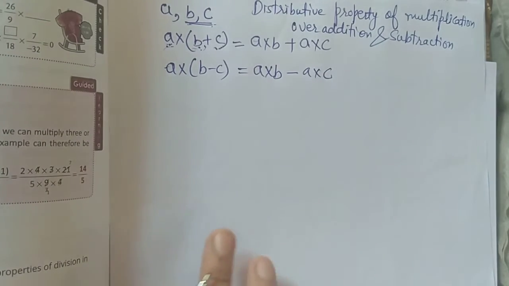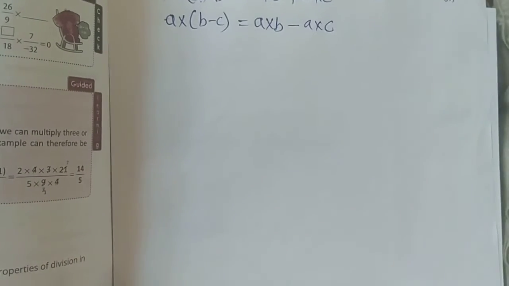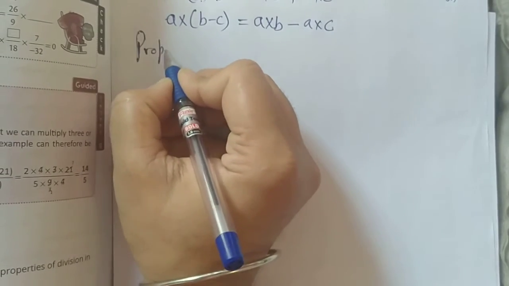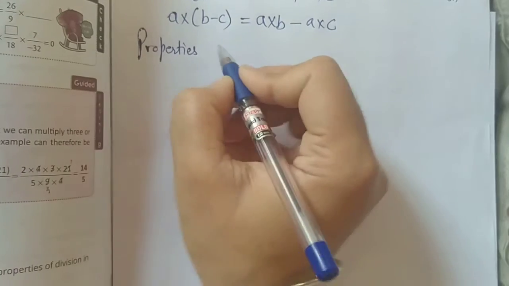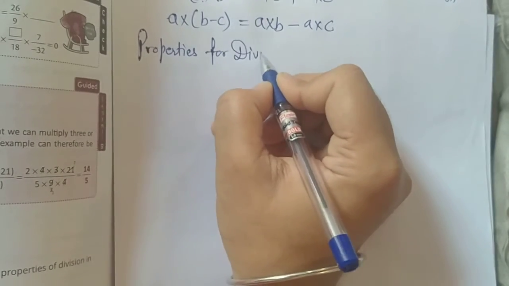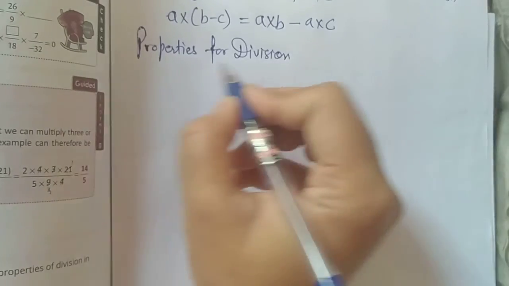Then the next property is the property of division for rational numbers. We have done the properties for multiplication.